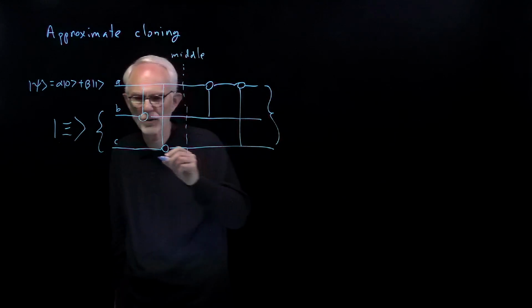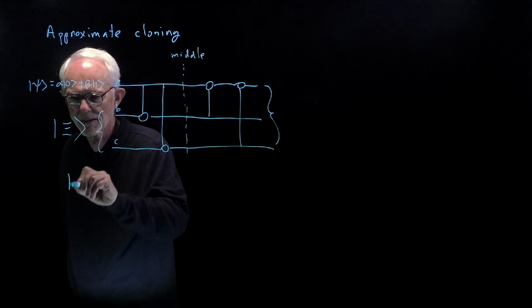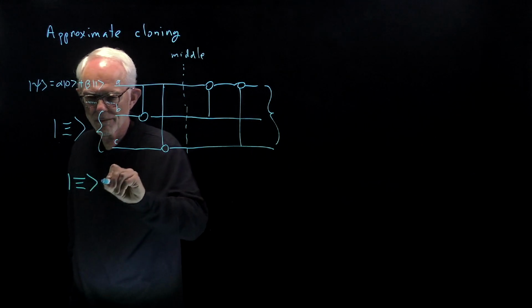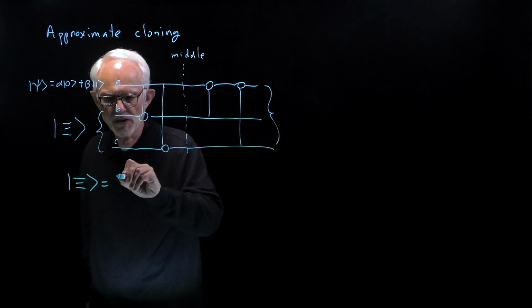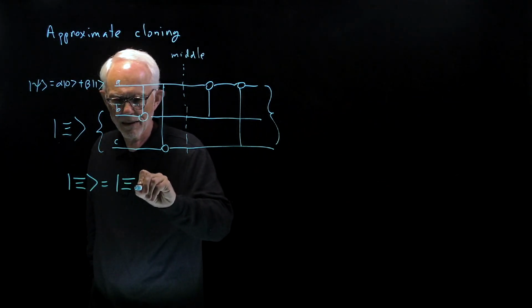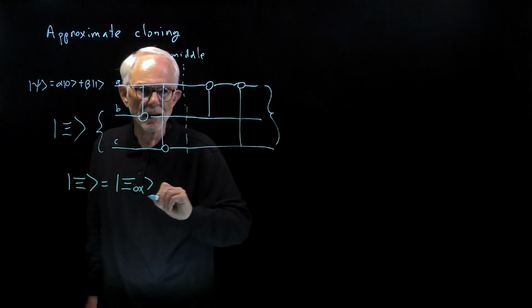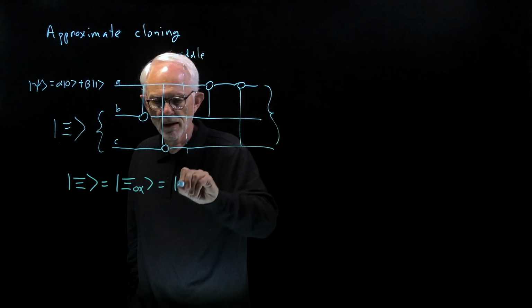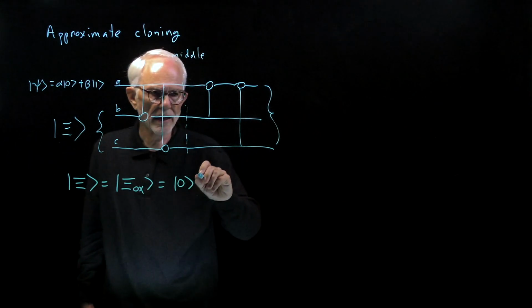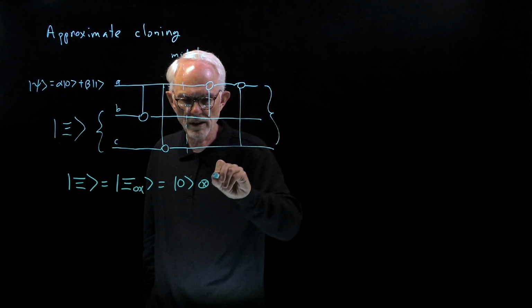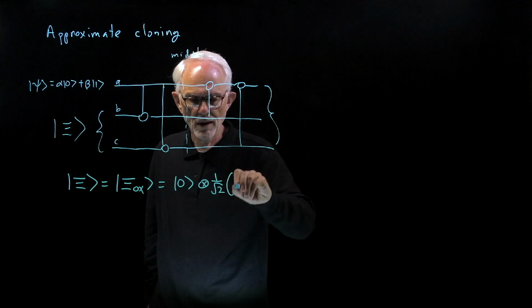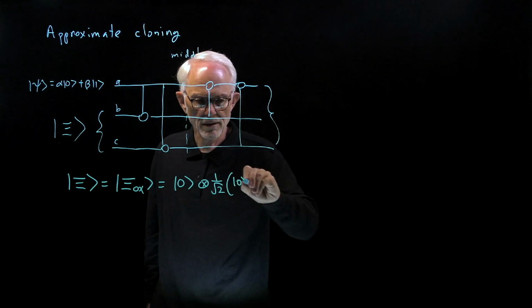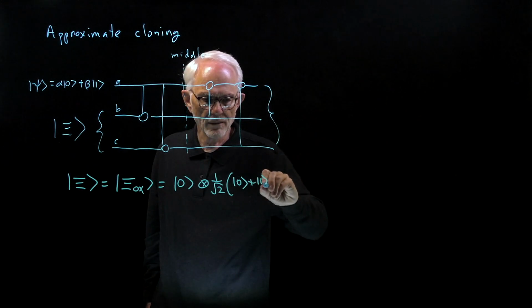So we're going to choose a program state now that looks like this. I'm going to call it psi_0x, and it's a product state. It's going to be equal to |0> tensor (1/√2)(|0> + |1>).